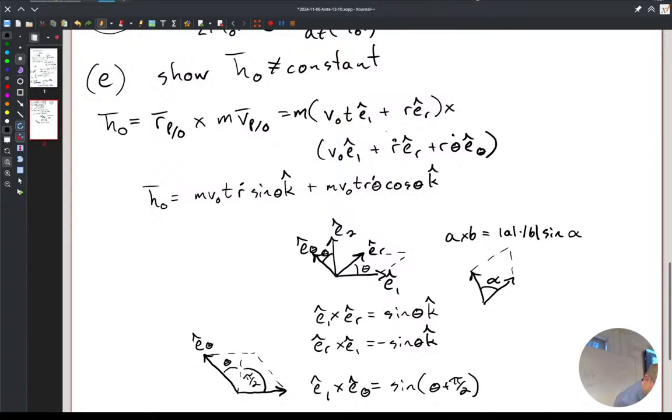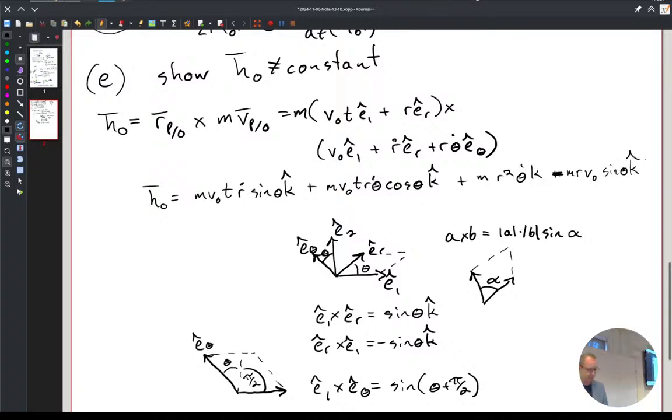And then we have our normal m r squared theta dot in that k direction, and also another term, e_r cross e1 m r v0, and this one's a negative sine theta.